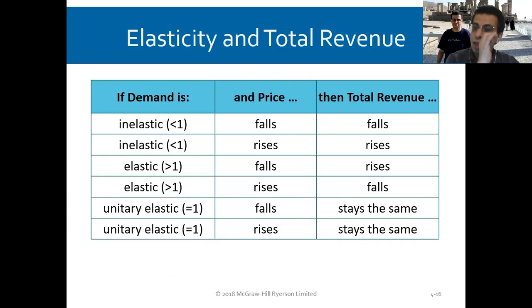So if the number is more than one, then the demand is elastic. When they are inelastic, if the price falls, total revenue falls too, because people would not increase their consumption. They're not sensitive to the price.